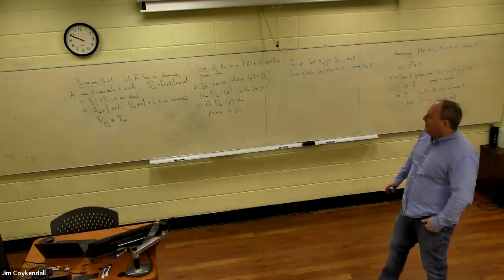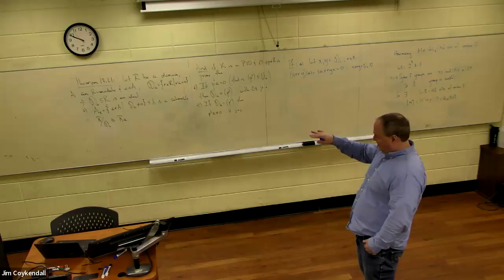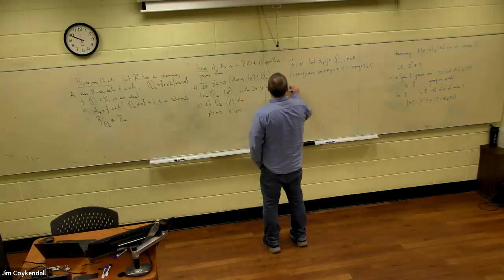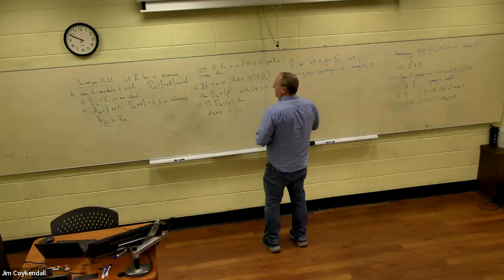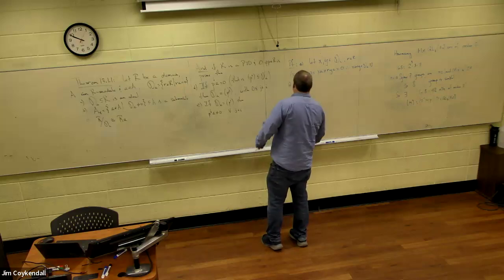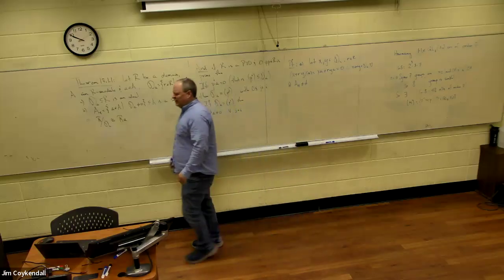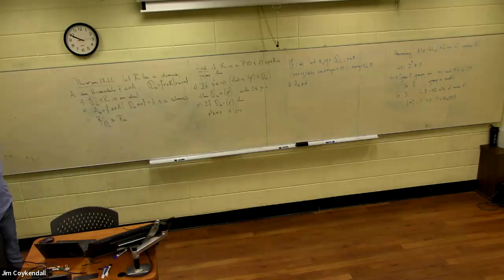Number 2. Show that this collection AT is a submodule. So B, let me start off this way. AT is not the empty set. There's probably a little bit more that needs to be said here. Can somebody tell me why AT is not the empty set? Can somebody tell me something for sure that has to be in AT? 0.